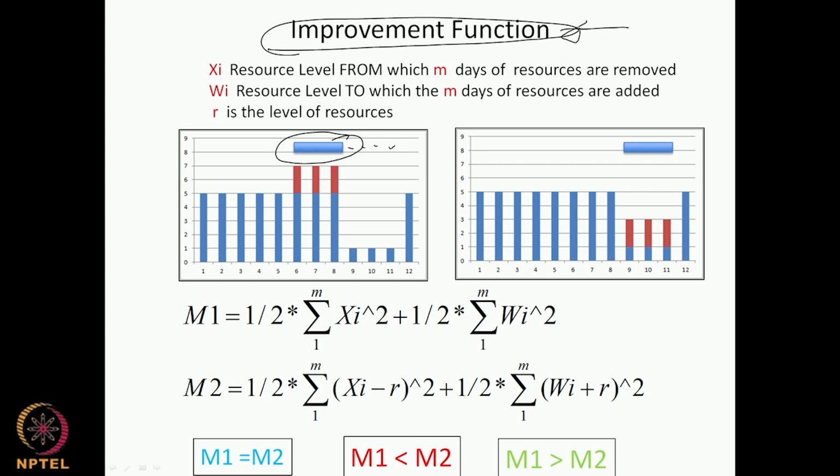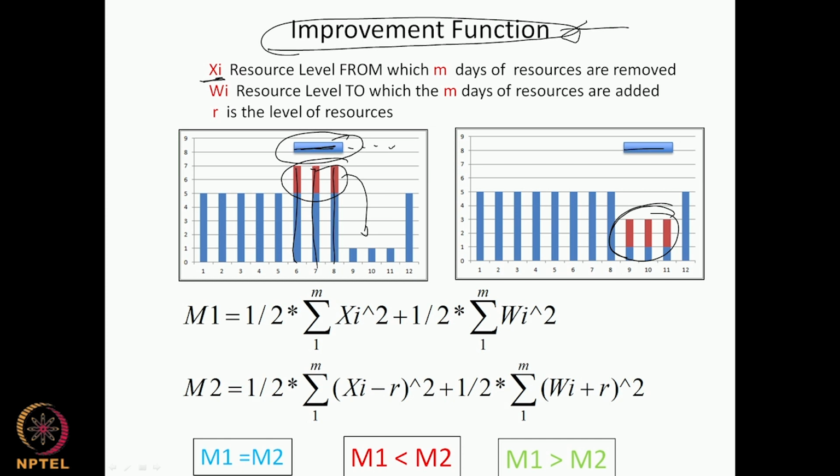So you have here a histogram, and you can see that as we move this across to this side, resources are taken from a certain set of days and moved to another set of days. These resources actually moved here, and that's what's showing up here. Now when we are defining this, there are a few variables. xi is the resource level from which resources were moved, so this level is xi, and m days of resources are moved.